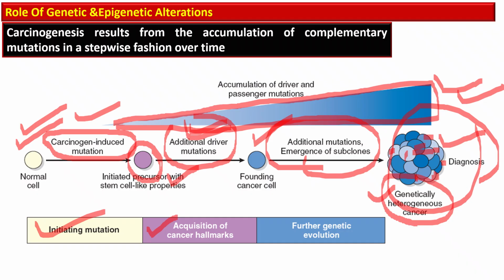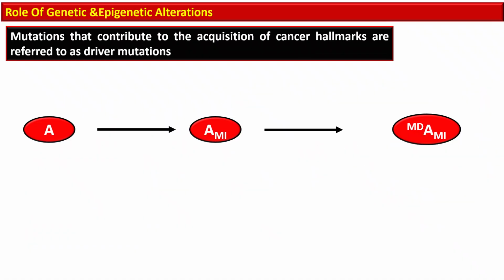Both are present at this stage. The driver mutations are the mutations that directly contribute to cancer development, responsible for acquisition of cancer hallmarks by sustaining growth, invasion, or metastasis.